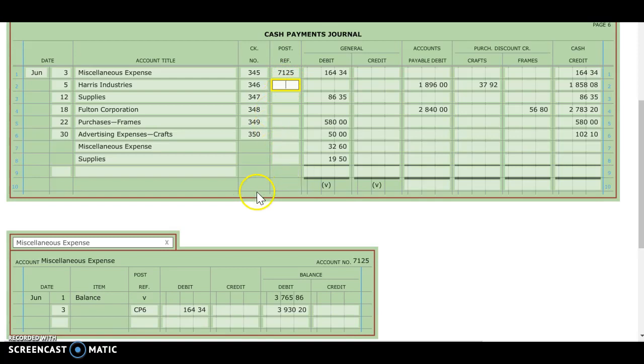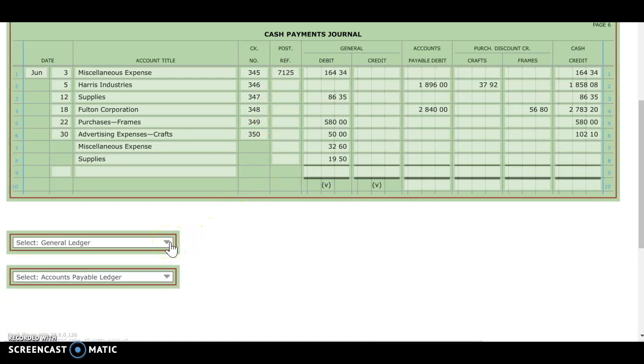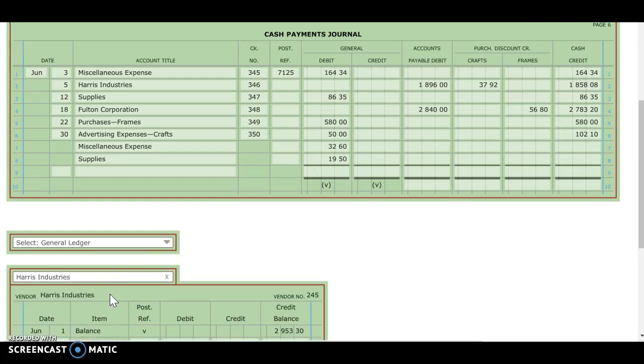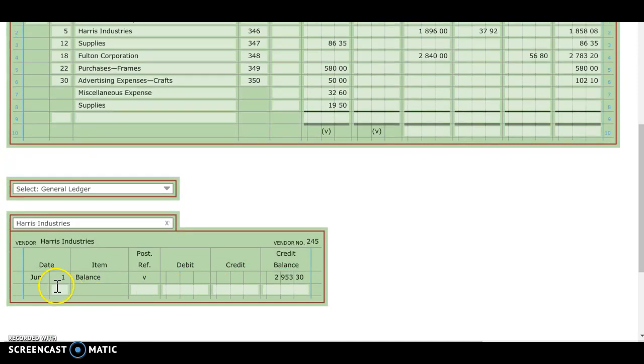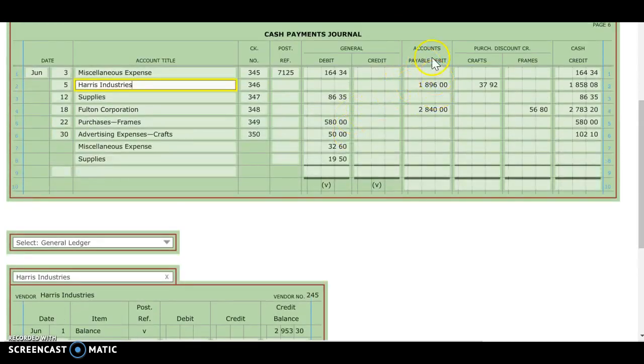Okay, next one we're going to post to Harris Industries. Now Harris Industries is going to be in accounts payable. So that's going to be in our accounts payable ledger, Harris Industries. That is the 5th. Post reference is CP6. And when we look, remember our vendor always goes with our accounts payable column here.